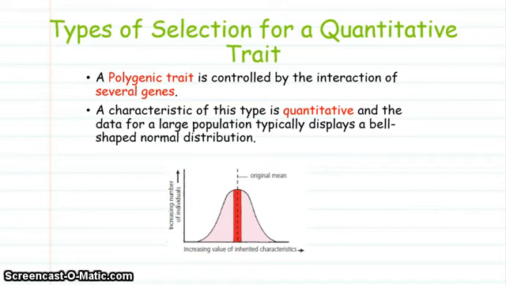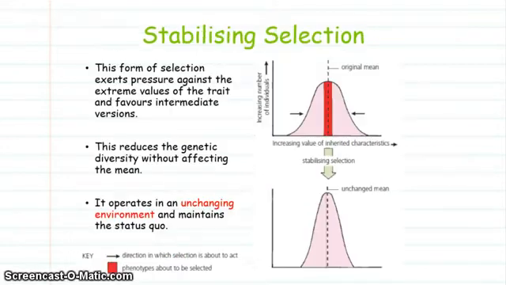For any particular characteristic, there's usually a normal distribution in the population for different values of that characteristic, as the graph shows here. So that's a typical normal distribution, with the mean and fewer individuals showing more extreme values of that characteristic.